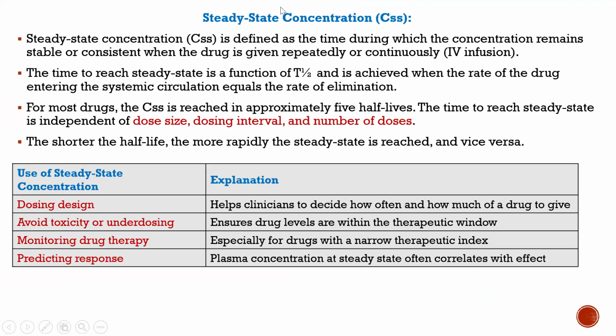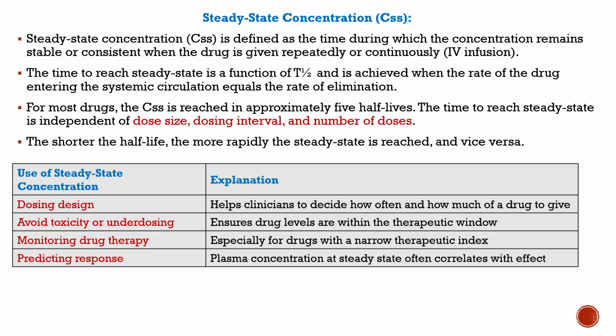All right. So we have another term, which is the steady state concentration, denoted as Css. This steady state concentration is defined as the time when the concentration remains stable or consistent when the drug is given repeatedly or continuously, as in intravenous infusion. The time to reach steady state is a function of the half-life, and is achieved when the rate of the drug entering the systemic circulation equals the rate of drug elimination.